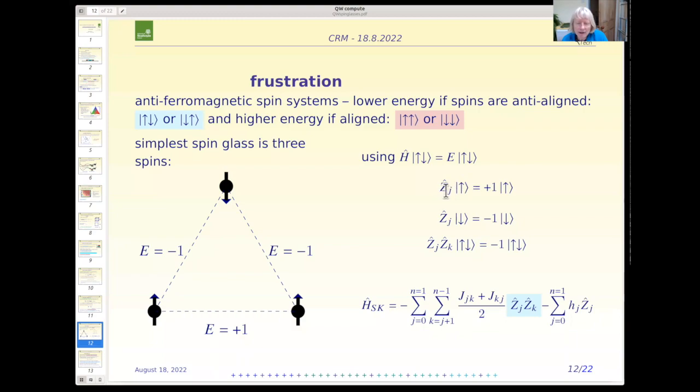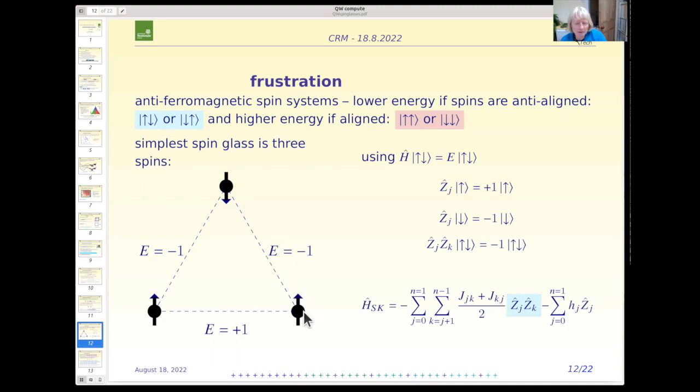All I've done here is shown you what the Pauli Z operators are doing to these spins to give you the energy of individual ones and of a pair like this. So with the label here, the J will only act on the first spin and the K will only act on the second spin. So we have some fields that bias some of our spins, and then we have these interactions which correspond here.